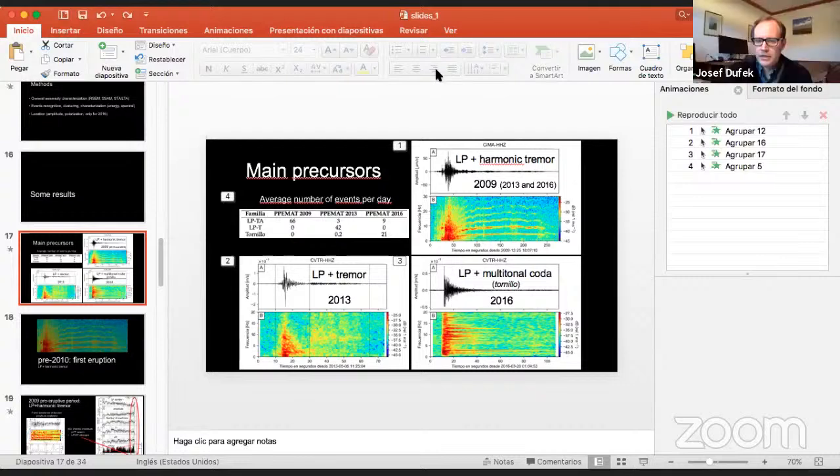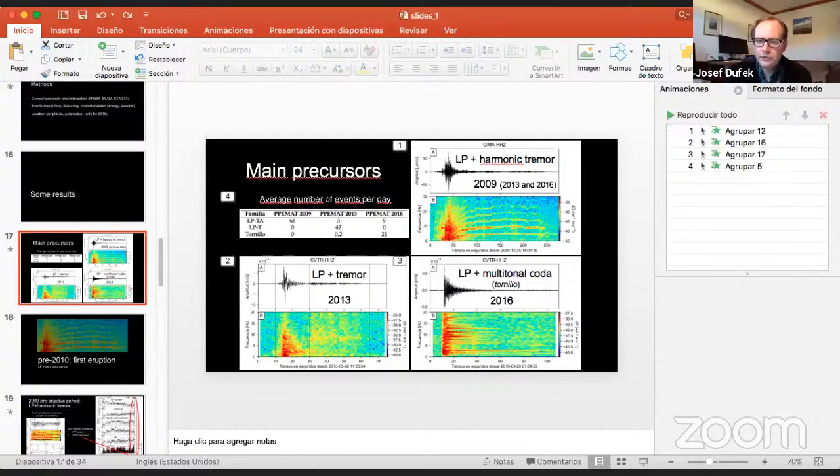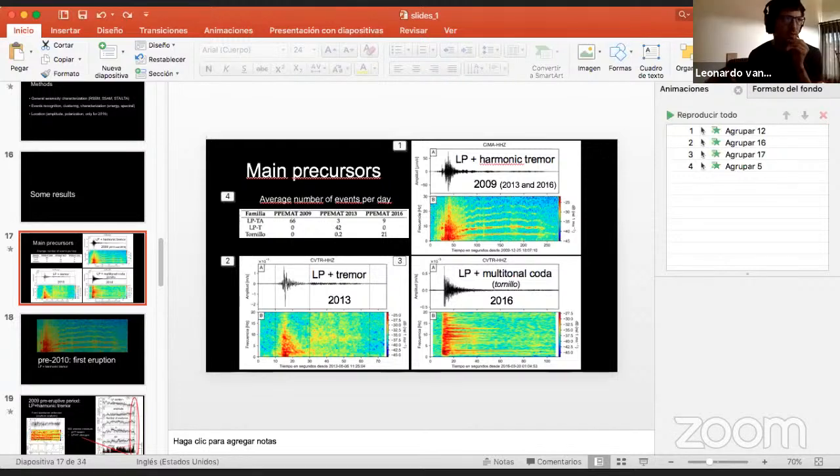Thanks. This is a question from Leif Karlstrom. For the harmonic tremor, is non-integer spacing of overtones ever observed? Some models of crack resonance, for example, predict frequency ratios of 3 to 2. Well, that's interesting.